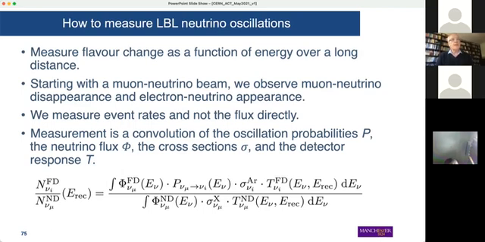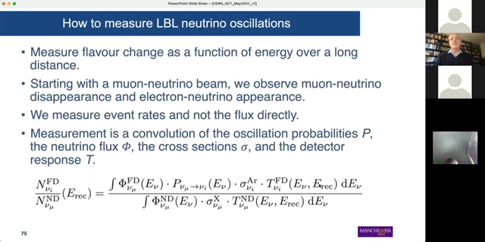This ratio of integrals, which I have shown here, is basically expressing this in a mathematical form. What we do is we measure the ratio at the far and near detector as a function of energy, and that's a convolution of the flux, the probabilities for the oscillation, the cross section, and some detector effects which are described by this matrix.